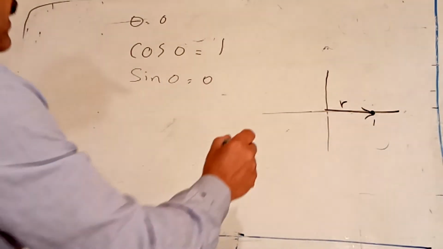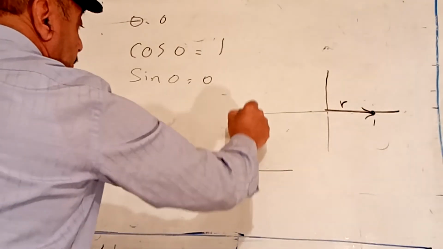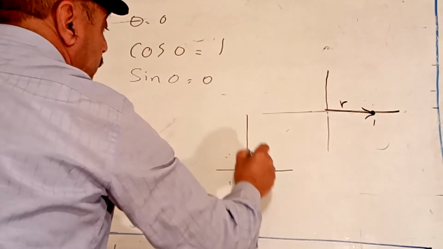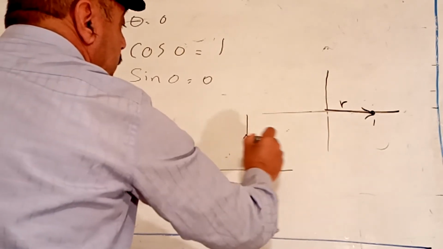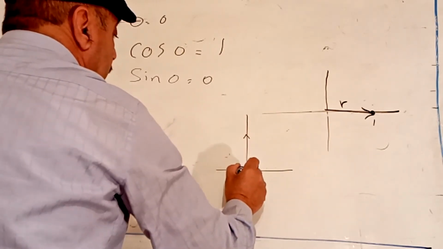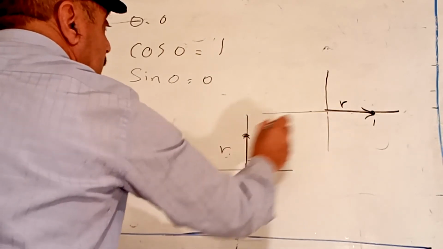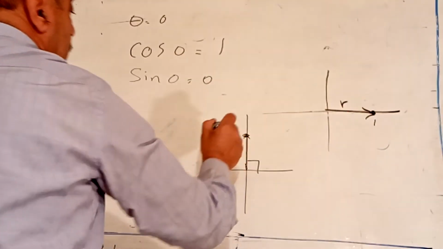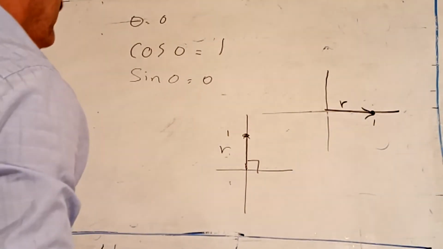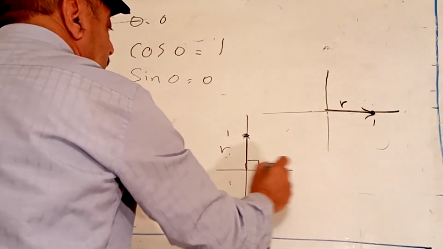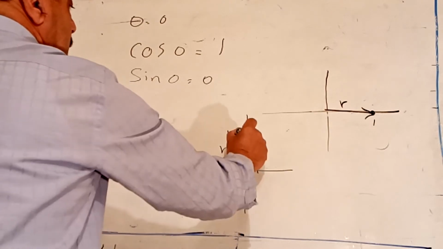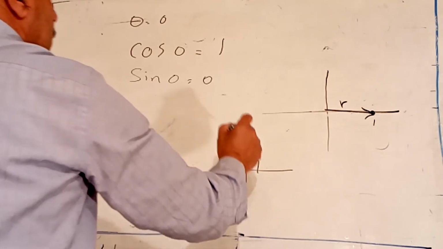Now let's consider the other case, when the angle is 90. This is R. Maximum value is 1. This is the length of the hypotenuse, 1. So here the x-axis has no value. It's all perpendicular, so x is 0.